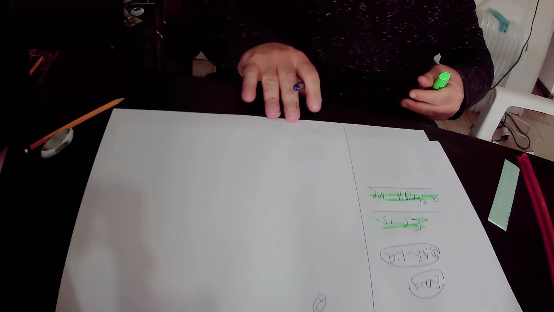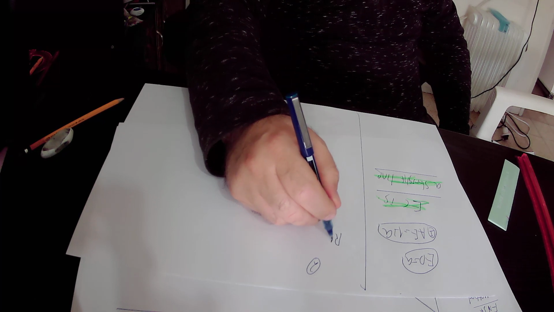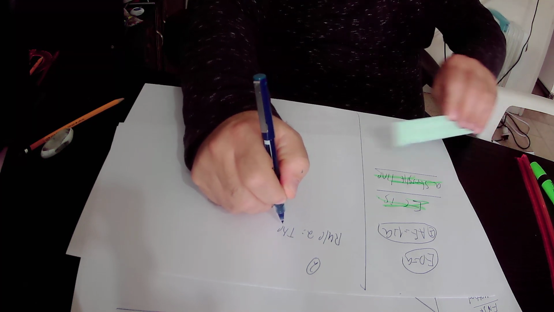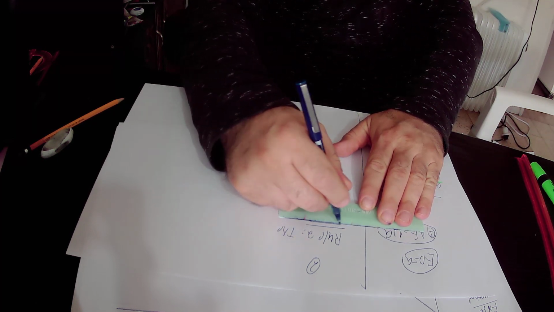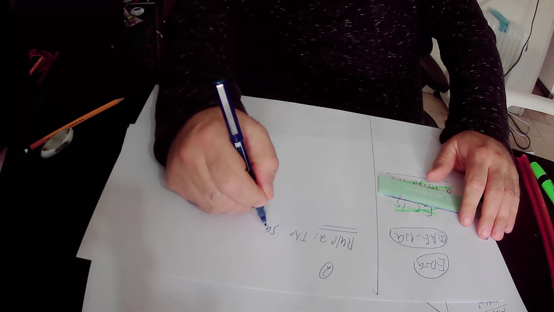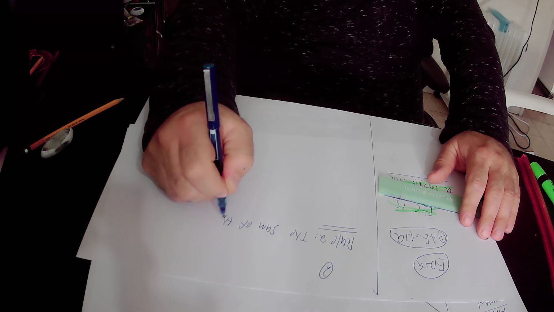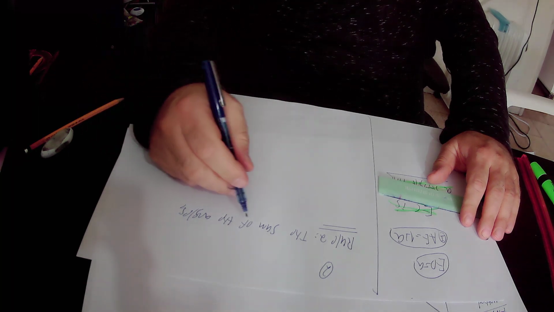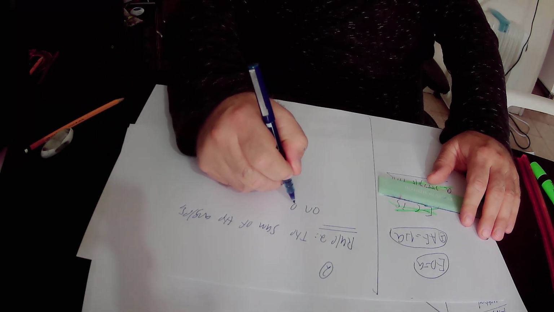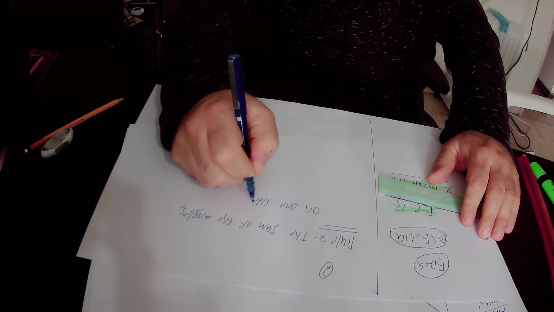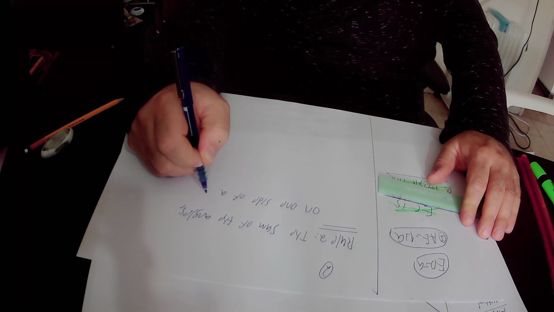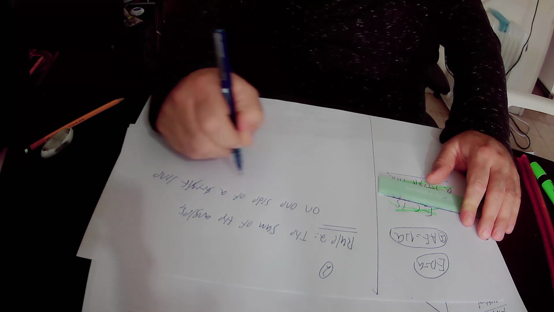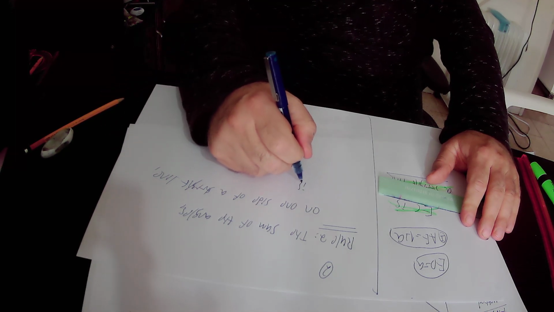And we have rule number 2. According to rule number 2, the sum of the angles on one side of a straight line is equal to 180 degrees.